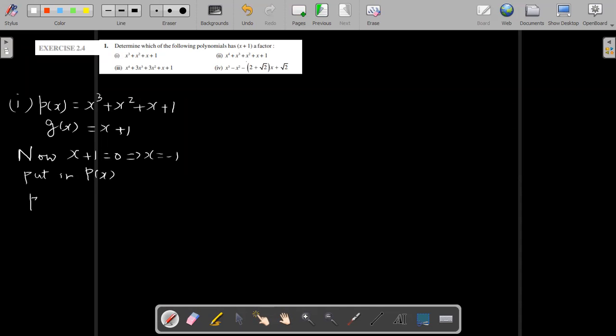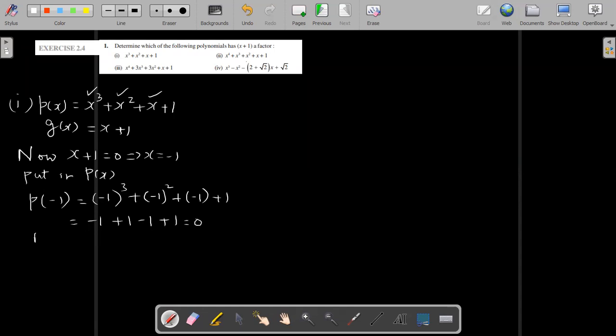So p of minus 1, so x cube means minus 1 cubed, then plus x square, plus minus 1 square, then plus minus 1 plus 1. Minus 1 cubed is minus 1, minus 1 square is plus 1, plus minus 1, plus 1. All cancelled, we get 0.